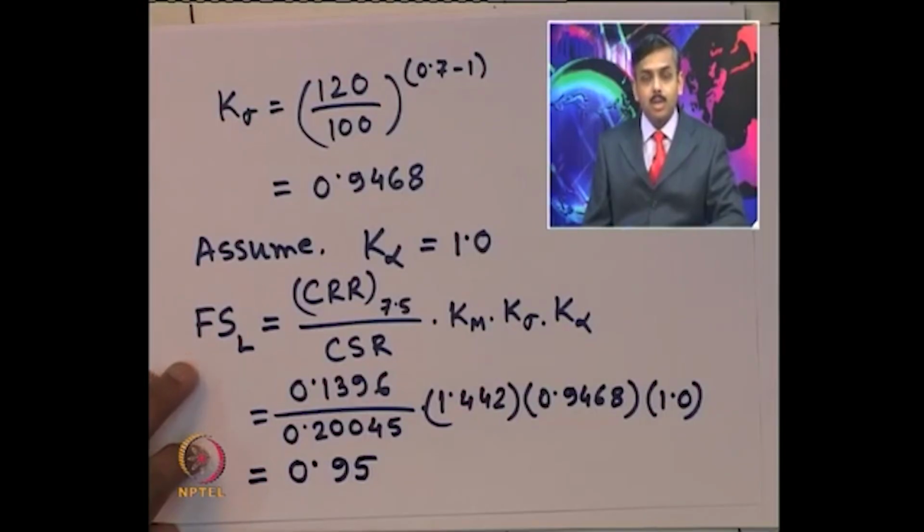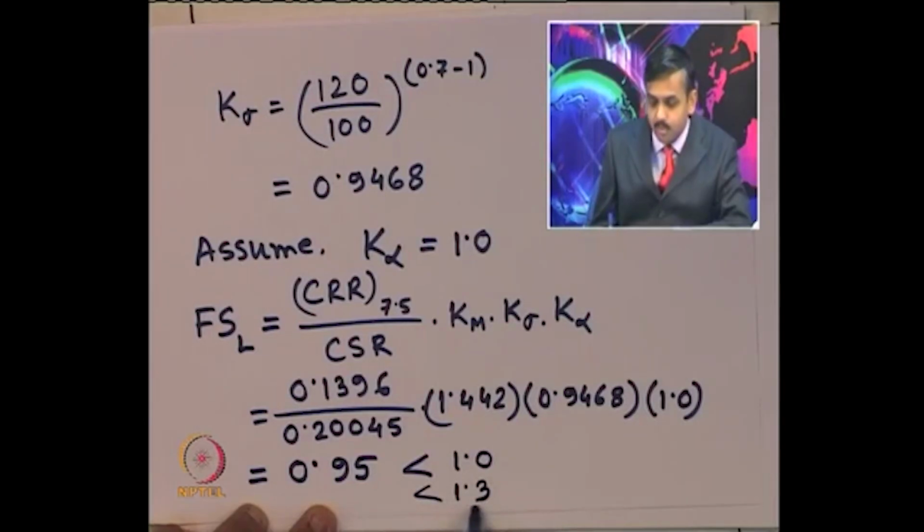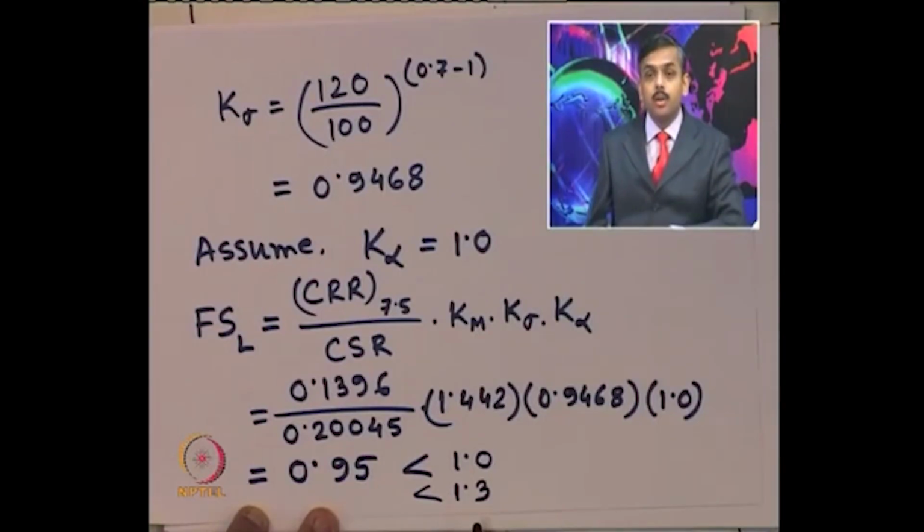So, for the given problem at 10 meter depth, if an earthquake of moment magnitude of 6.5 is expected with the given soil condition, factor of safety against liquefaction will be 0.95, which is less than, of course, 1, also less than 1.3, which we generally use for design of any structure in that particular soil, any foundation, anything we want to construct. The factor of safety against liquefaction must be equal to or above 1.3, which is not the case here.